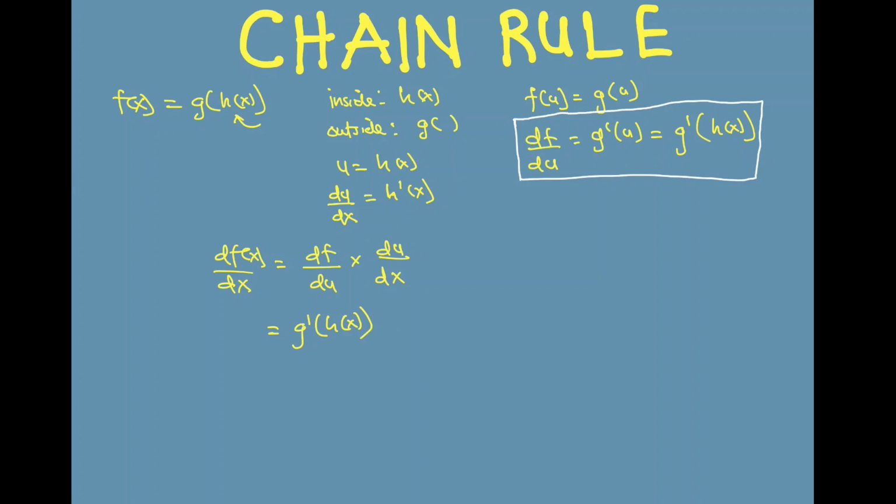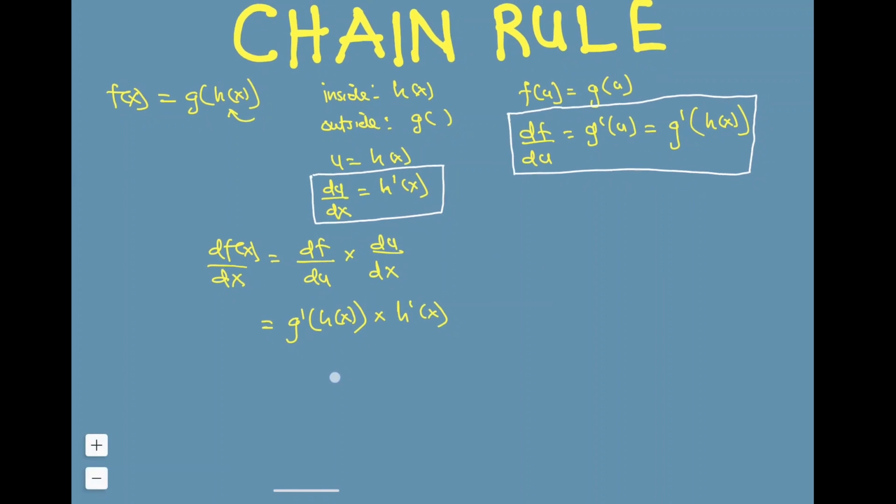That's the derivative of g, which is a function of h of x, then multiplying the derivative of u with respect to x, which is h prime of x.